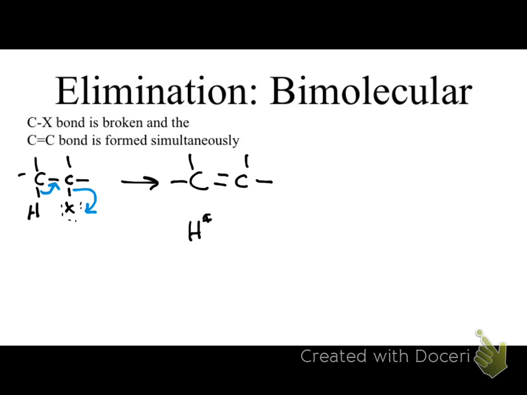With our H plus and our X minus. Okay? So we've now done everything in one step, which should kind of ring some bells. Like perhaps the same kind of idea that happened in the SN2. Okay? So the E2 ends up being very similar to the SN2 as far as the effects and what things are going to control it to a certain extent.